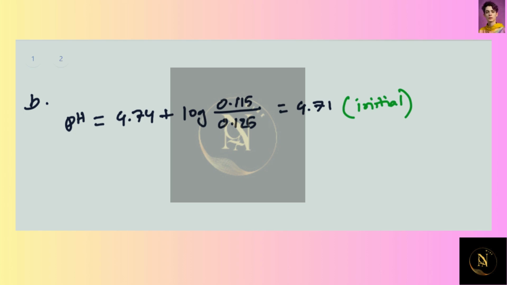So the HCl will react with the base of the buffer, which is C2H3O2, and we'll find HC2H3O2 from here plus the salt sodium chloride.